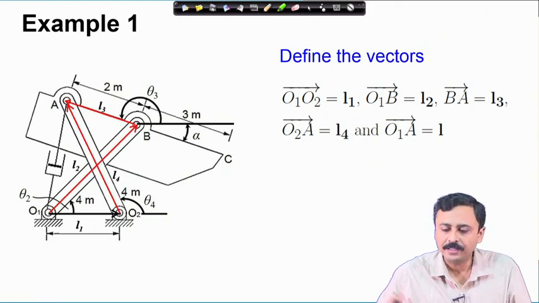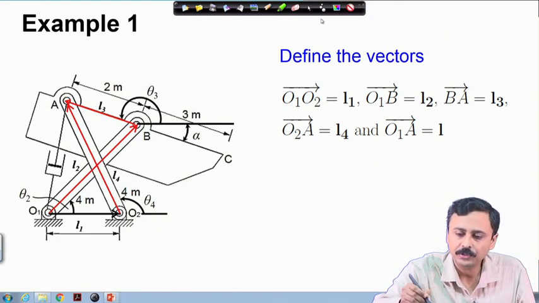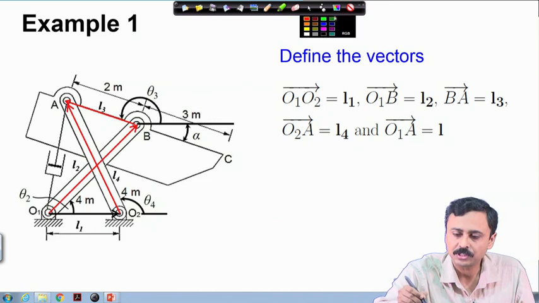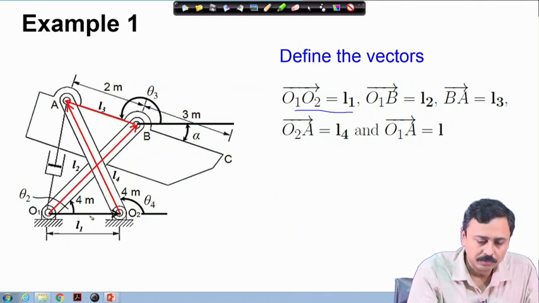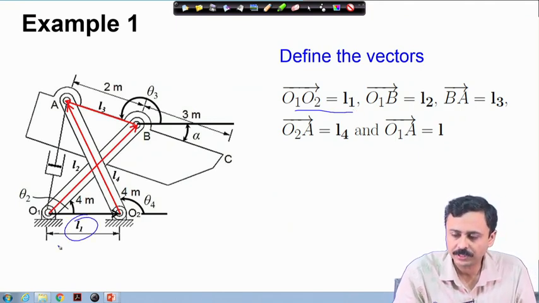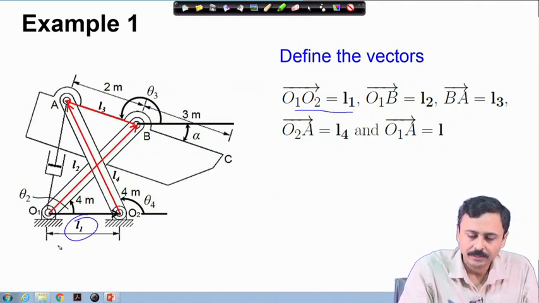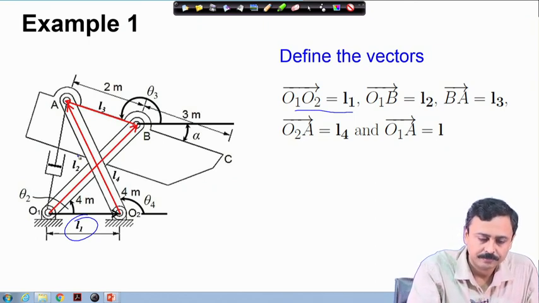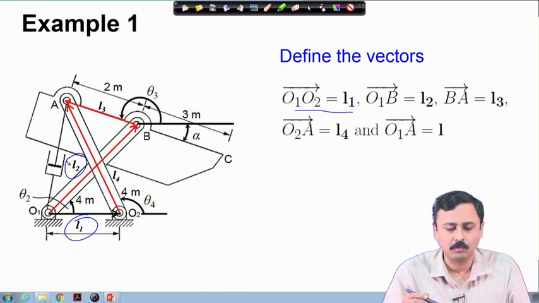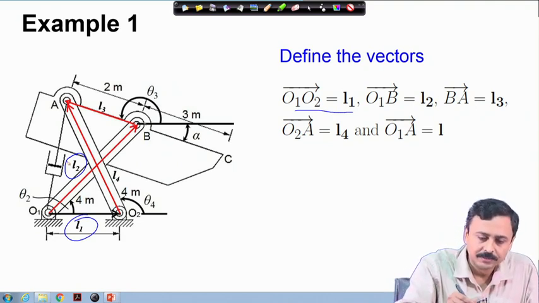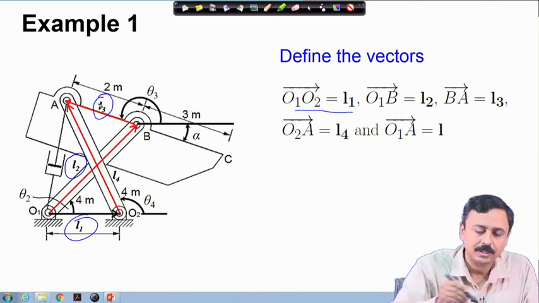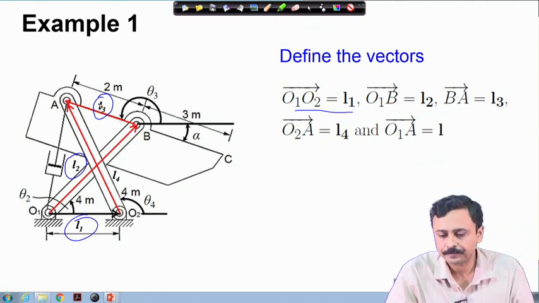We have defined these vectors before during displacement analysis. Let us just go through them again. L1 is O1 O2. So, this is the L1 vector. L2 vector is O1 B. L3 vector is BA, which is the coupler, which is actually the bin.